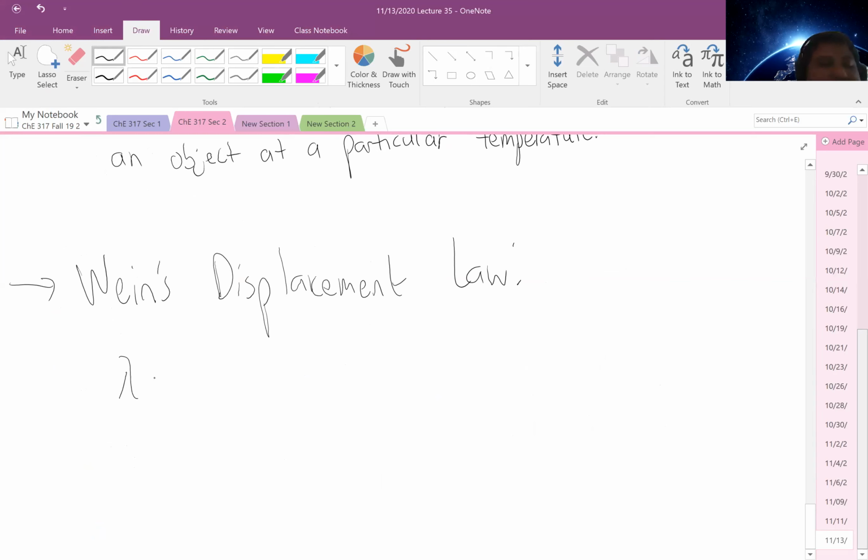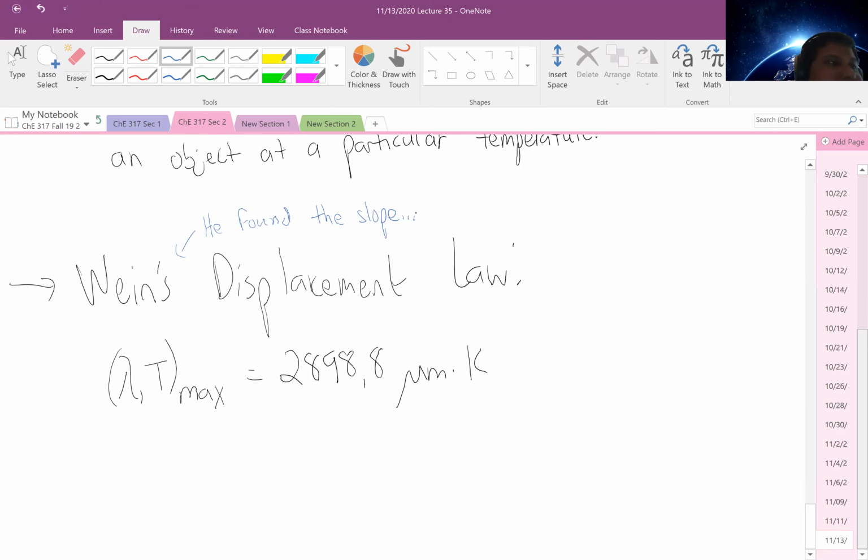Which tells us the slope of that line is equal to approximately 2,898.8 micron Kelvin. I can say he found the slope. Good job.